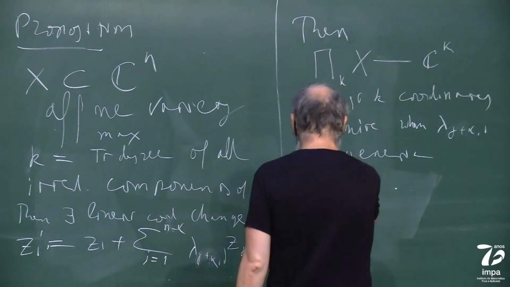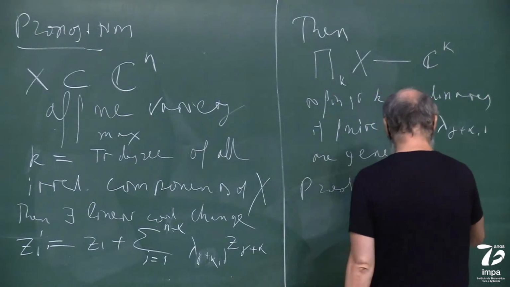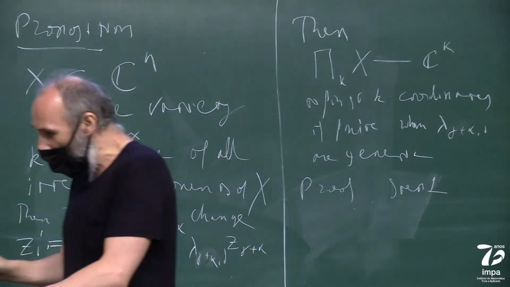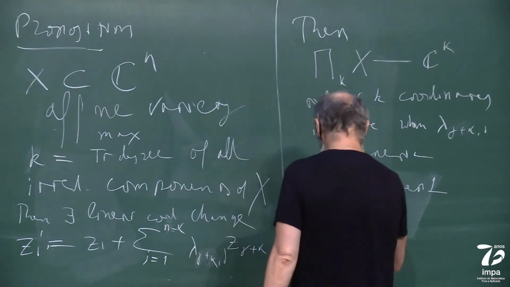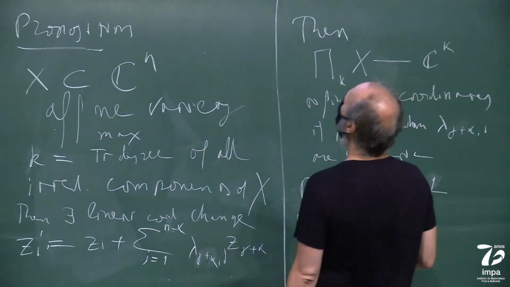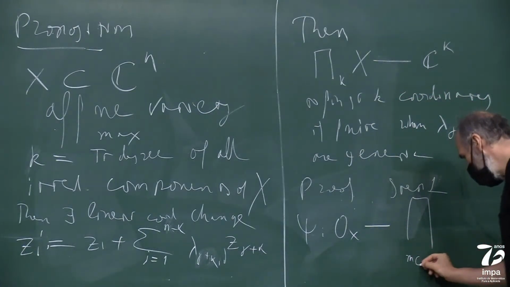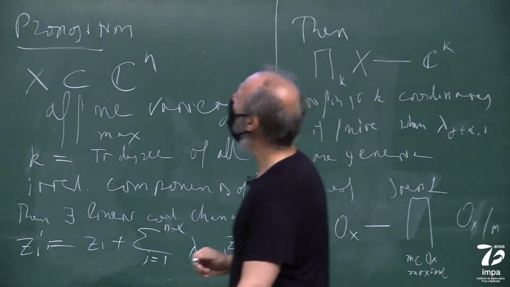Okay, proof. Step 1. I would do this projection with respect to all maximal ideals. So psi from O(X) to the product, over all maximal ideals M, of O(X) quotient by M. This is injective.